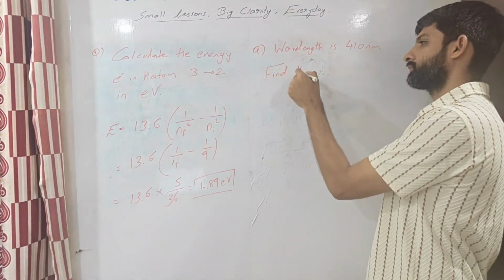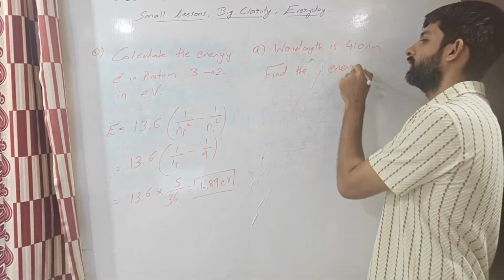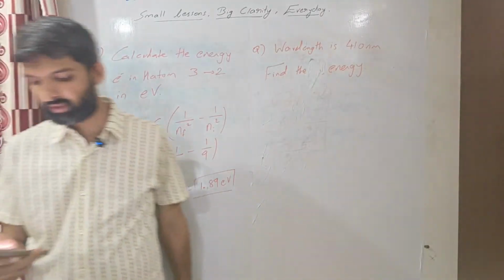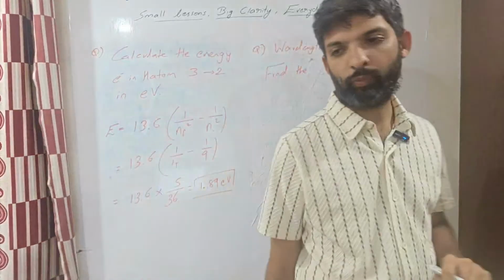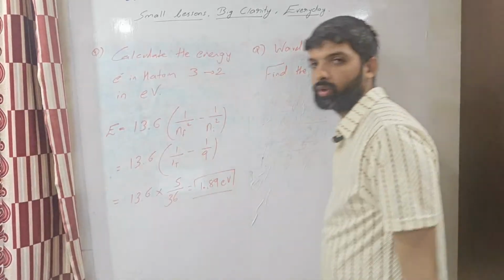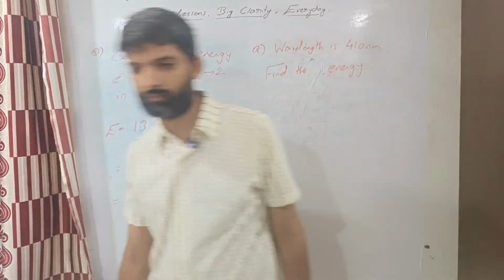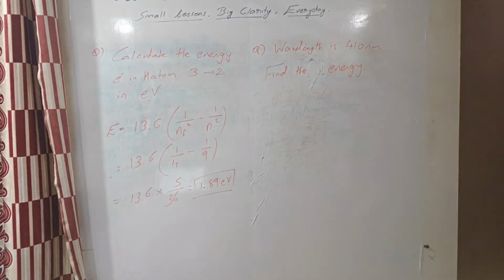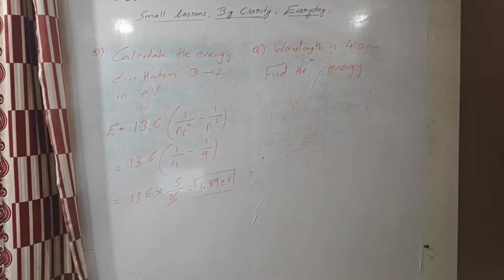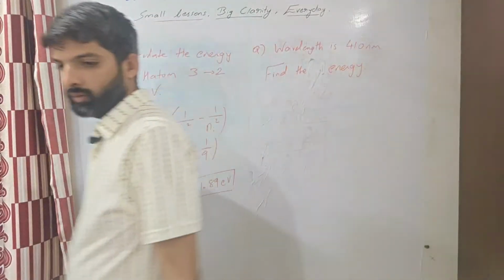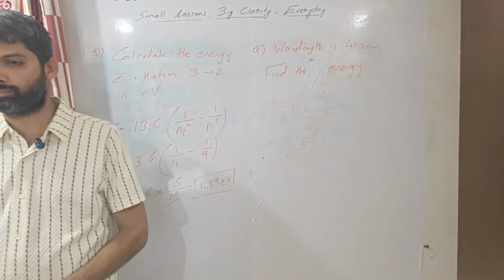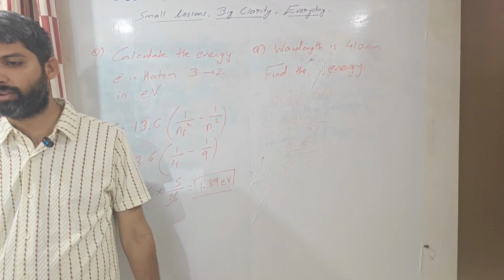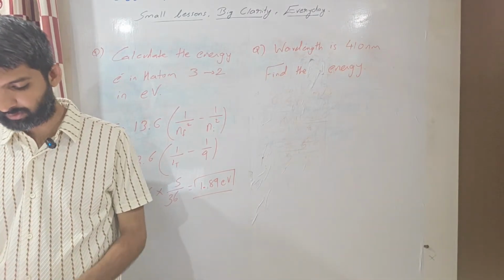Find the energy. Wavelength is 410 nanometer. You need to find the energy. Try to find the energy.